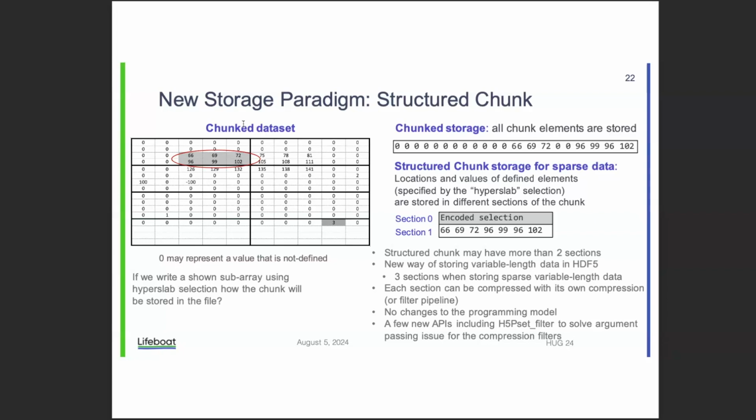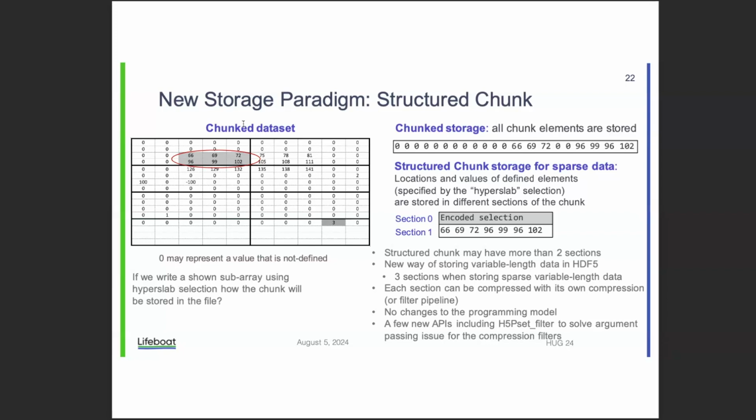In this case, you'll see structured chunk for sparse data. The first section of the chunk is the encoding, or the selection of the data that we're storing, or has been defined in this chunk, and the second section is a buffer just containing the bytes themselves. You can extend this easily.